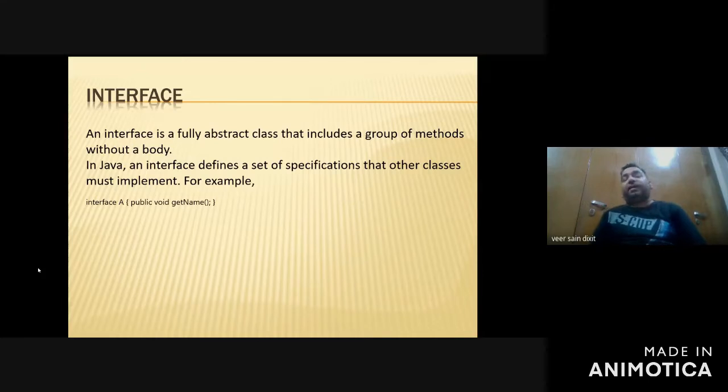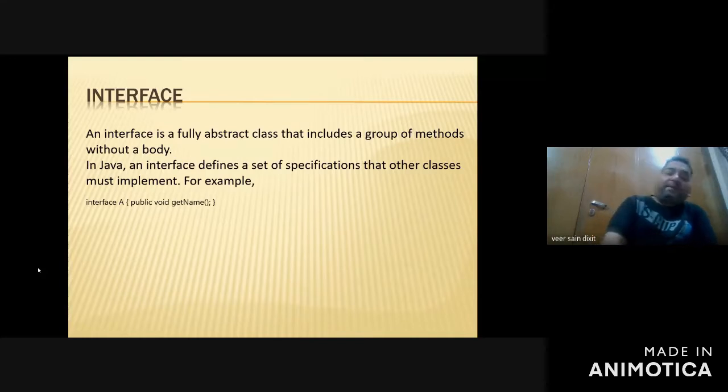So this is the main difference between interfaces and abstract classes. You cannot create an object of an abstract class, and you cannot create an object of an interface either. You can define an interface as a fully abstract class that includes a group of methods without a body. In Java, an interface defines a set of specifications that other classes must implement, right?